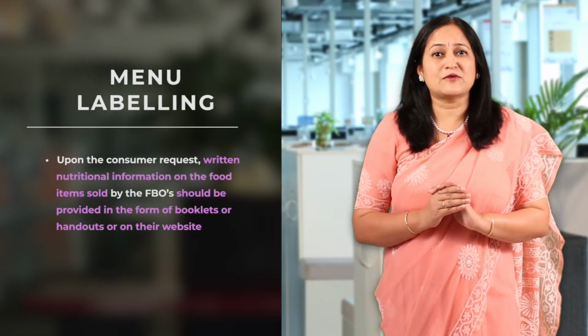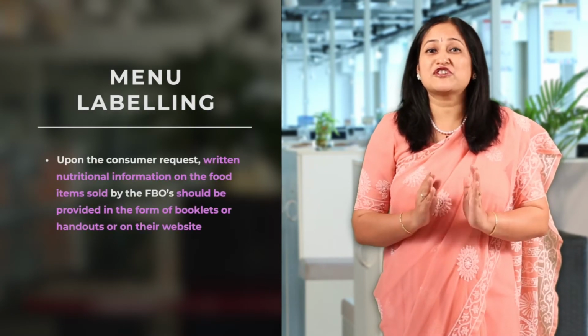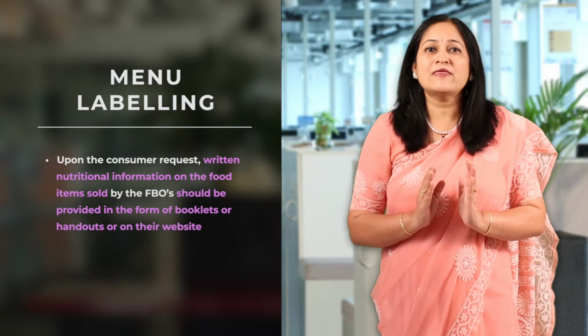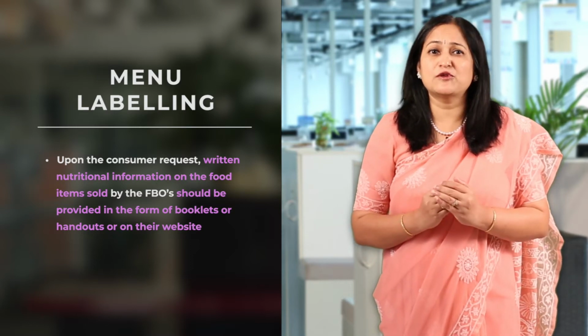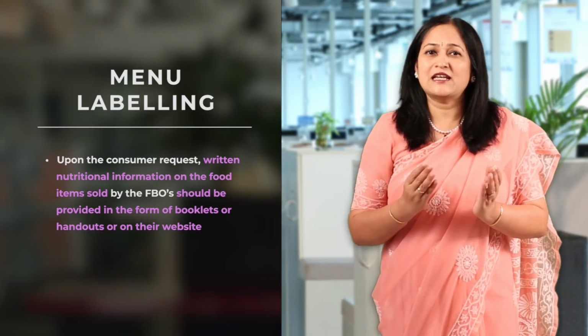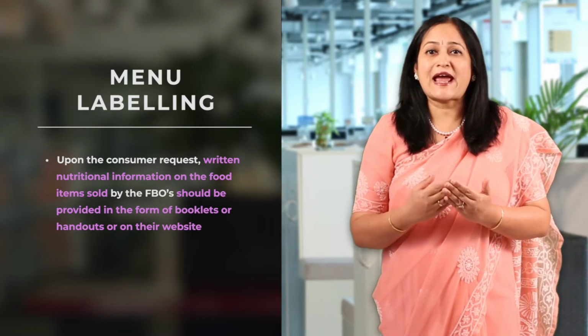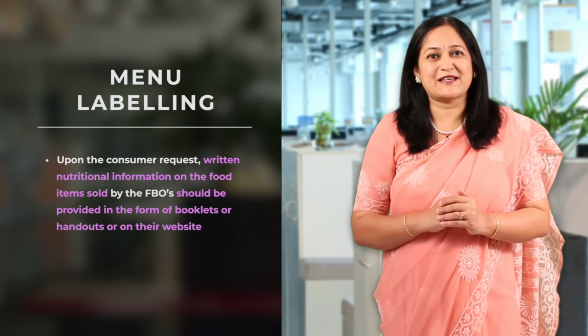Upon the consumer's request, written nutritional information on the food items sold by the FBOs should be provided either in the form of booklets or handouts or on their website.